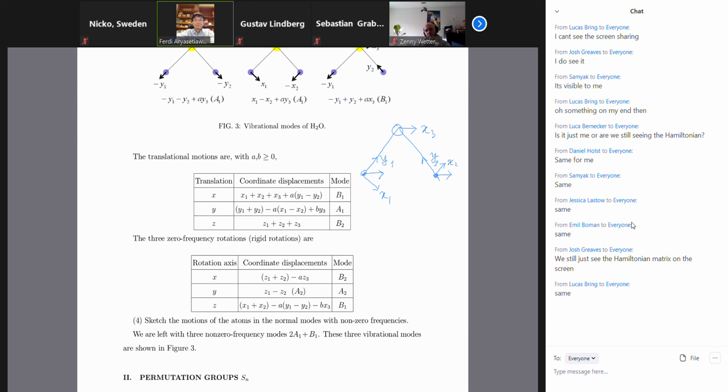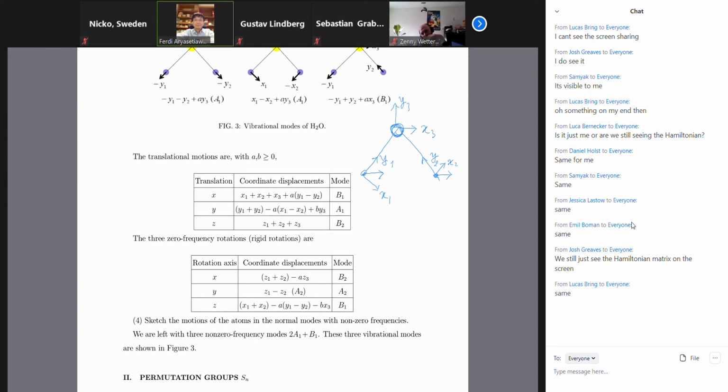Now we see that this motion of the hydrogen atoms along the x-axis is actually a linear combination of x1 and y1, whereas the oxygen atom is just x3, because y3 is perpendicular to the direction of motion.